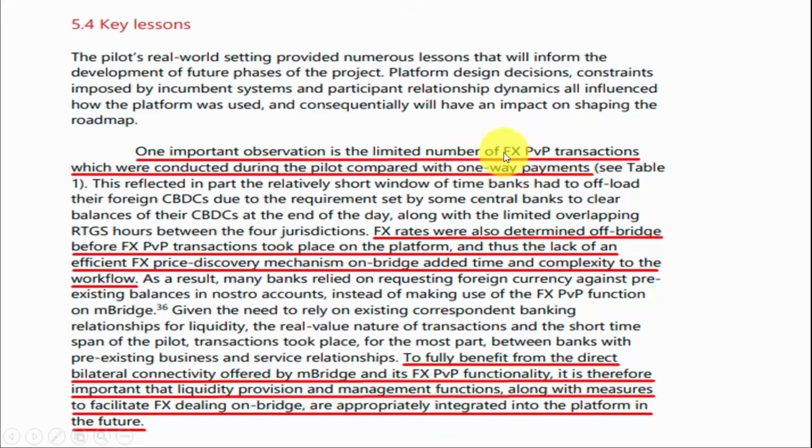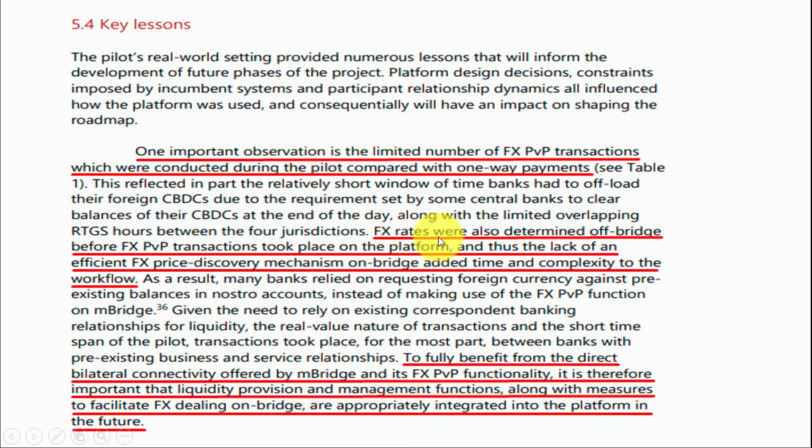The FX PVP transactions, where two central banks swap CBDCs with each other via an atomic swap, were used much less.